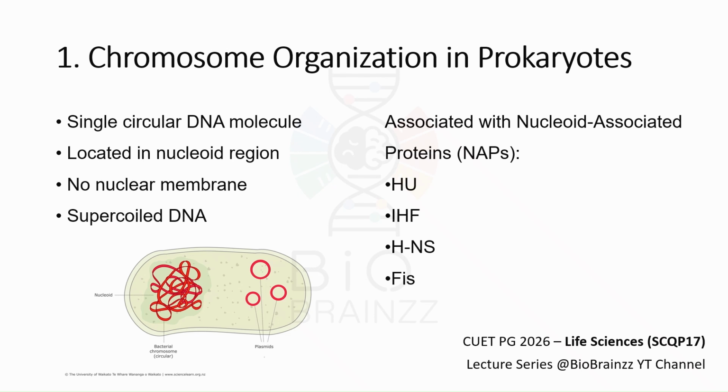These plasmids often carry accessory genes such as antibiotic resistance genes. So, to summarize, prokaryotic chromosomes are circular, located in the nucleoid, lack a nuclear membrane, are supercoiled, and are organized with the help of nucleoid associated proteins.